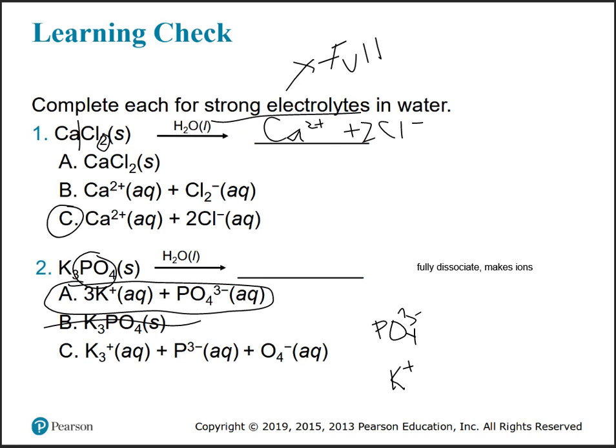But even if you didn't know that PO4 was a polyatomic ion, you should have guessed either A or C, because A and C both have ions in them, and a strong electrolyte fully dissolves in water. Right. That was good practice.